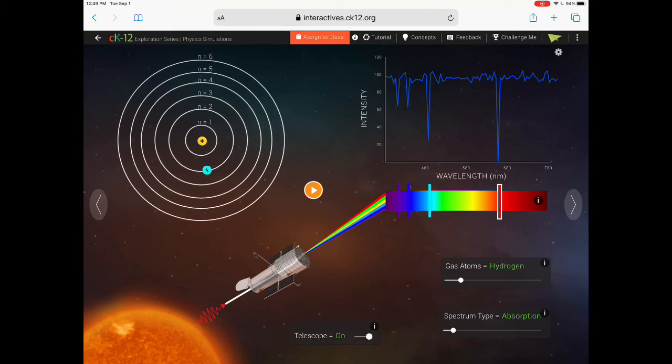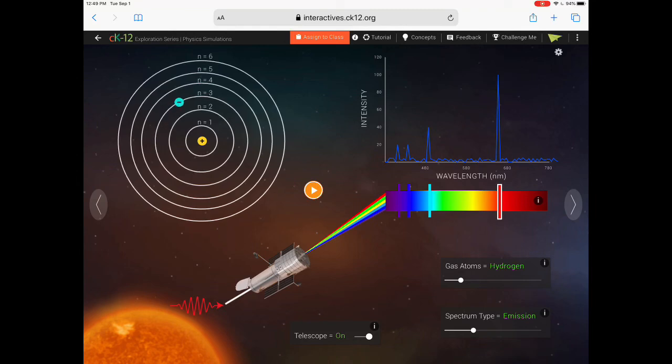So pay attention to the electron floating around here. Okay, so there you saw a red energy hit. It went from the ground state to the excited state. And then when it falls back down to the ground state, it's going to release that same kind of energy. So in this case, it's going to be a red wavelength.